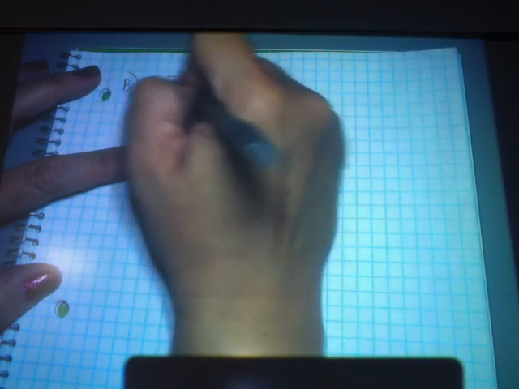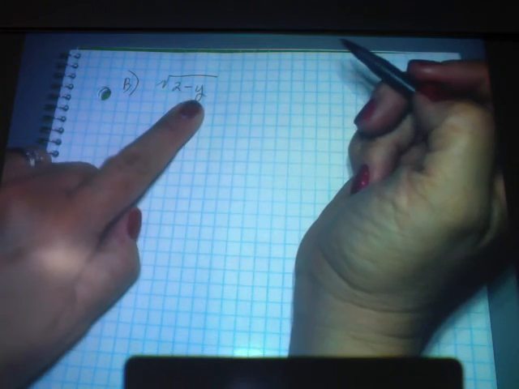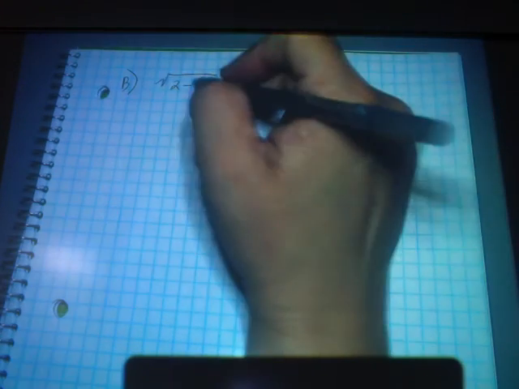Last problem, you're going to do this one on your own. B, you've got the square root of 2 minus y. Be careful of plugging into a negative y. So make sure you use substitution parentheses when you check.